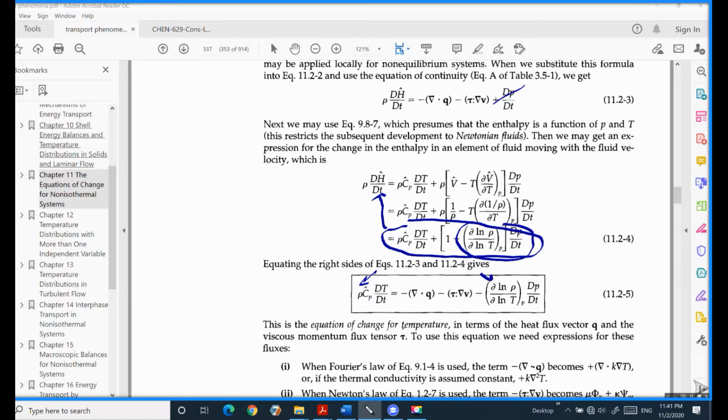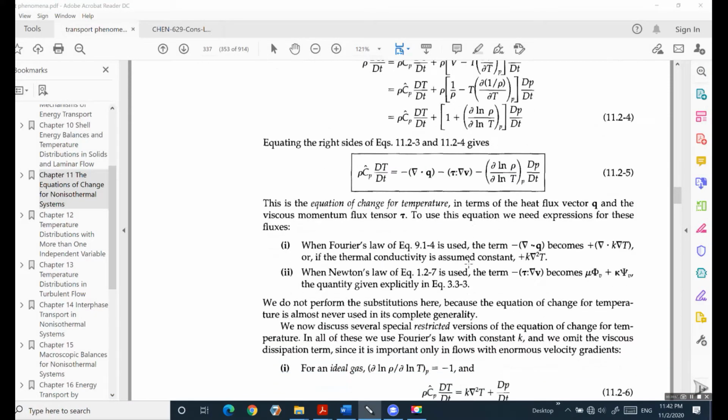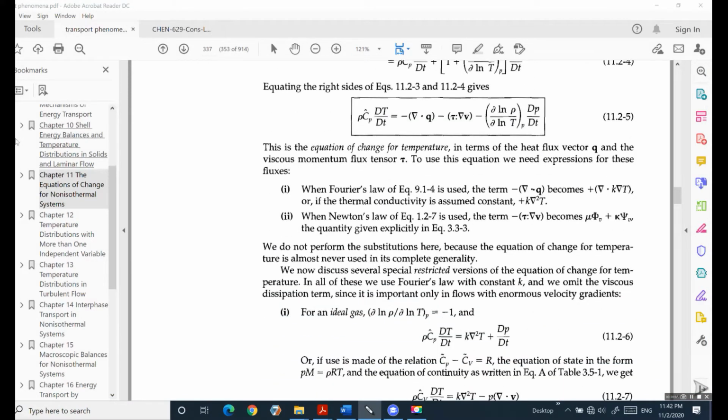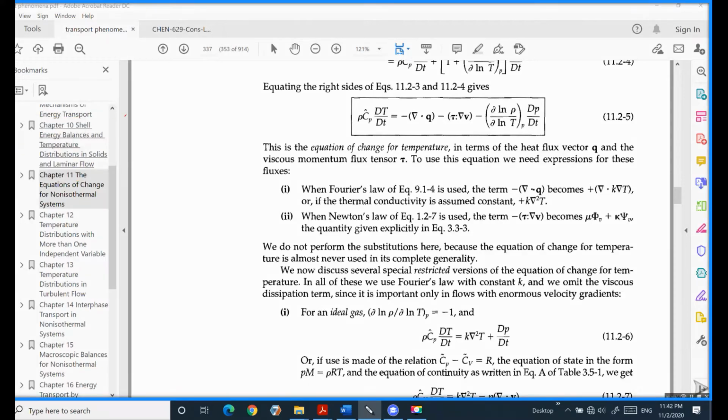This is the equation of change for temperature, in terms of the heat flux vector q and the viscous momentum flux. To use this equation, we need an expression for these fluxes. We need to open this. Okay, we know from chapter 9 our conductive flux is going to be equal to that one.